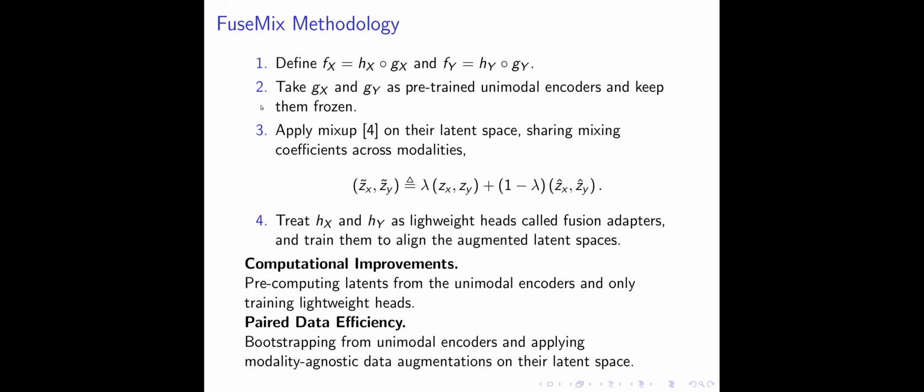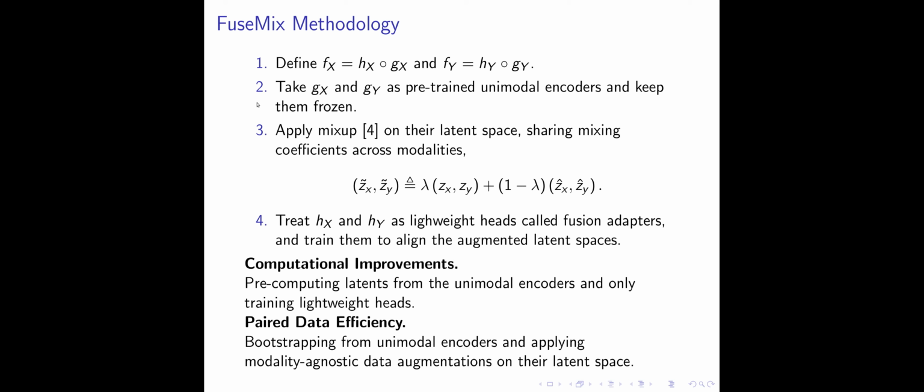We define our model F to be the composition of a frozen unimodal encoder G and a learnable lightweight fusion adapter H. Using pre-trained unimodal encoders, we can benefit from the rich modality-specific semantics that they already encode. Bootstrapping from them reduces the need for large-scale multimodal paired data.